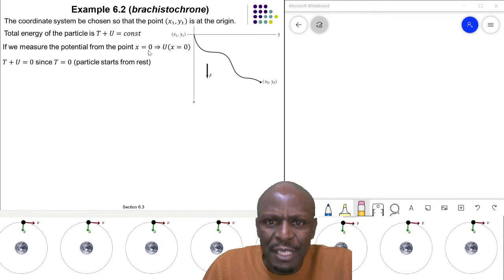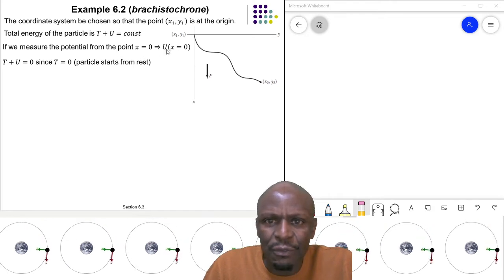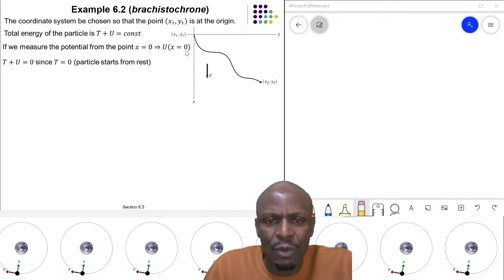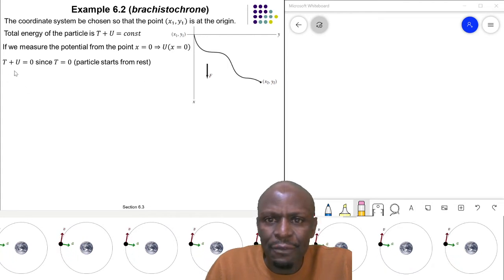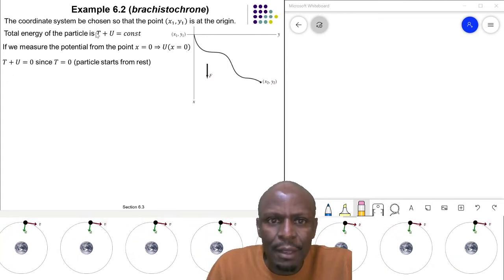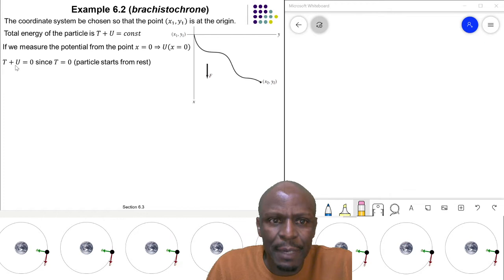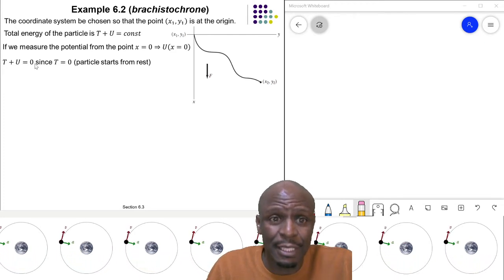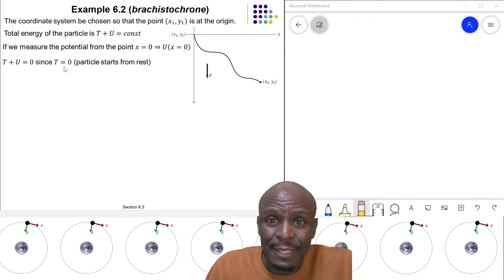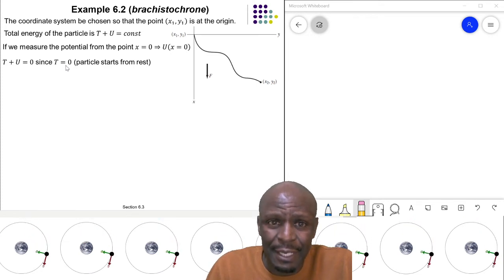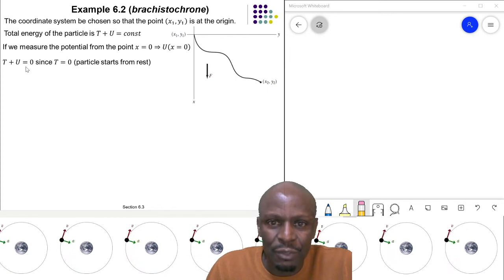If we measure the potential such that U at x0 is equal to 0, then T plus U, the kinetic energy plus the potential energy, must just give us 0, because the particle starts at rest. When it starts at rest, the kinetic energy is 0.